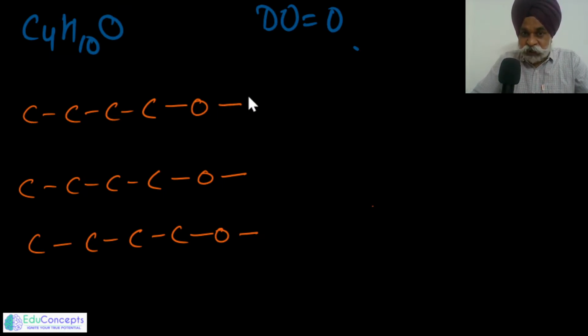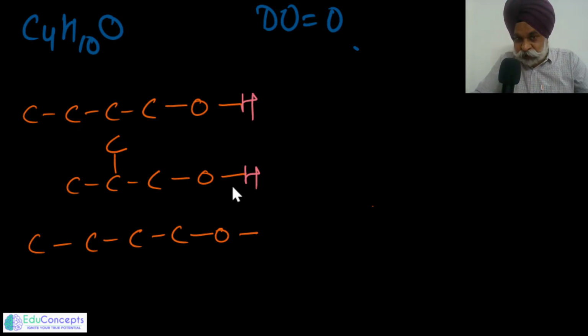Now if I just place hydrogen here, 1 and 2 are the same. So to make it different, I take 1 carbon onto the side. If I place this carbon here, the first and second become different. Similarly, if I place a carbon here, this also becomes different.